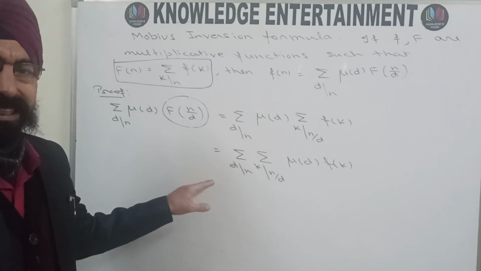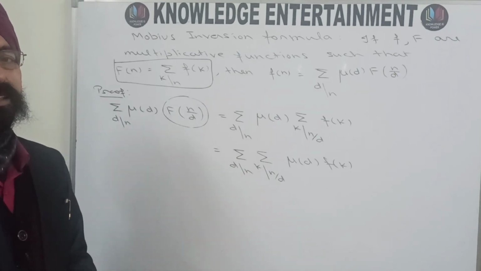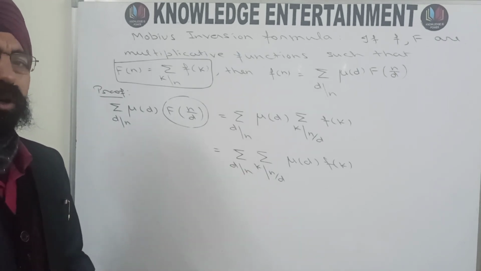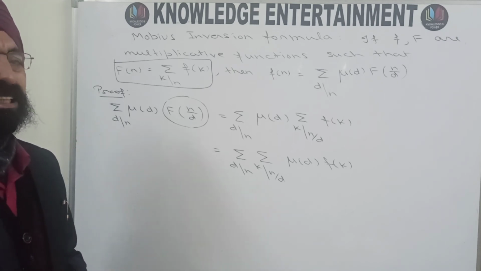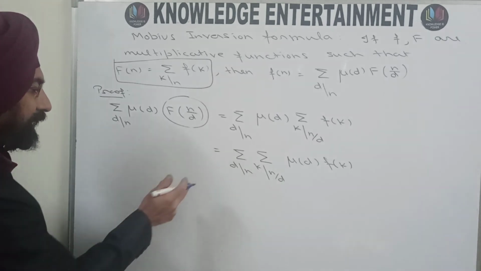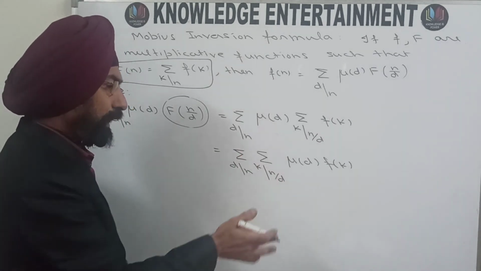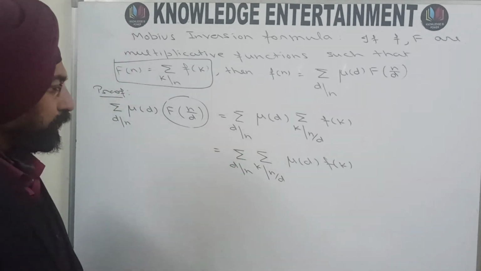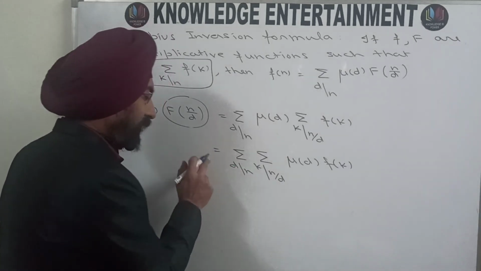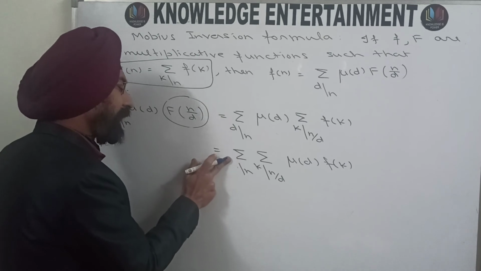Here the role of d and k are symmetric. Since the role of k and d is symmetric, they can replace each other. You can have k divides n and d divides n by k. You can write it because d and k are playing symmetric roles. So replace d by k and k by d.